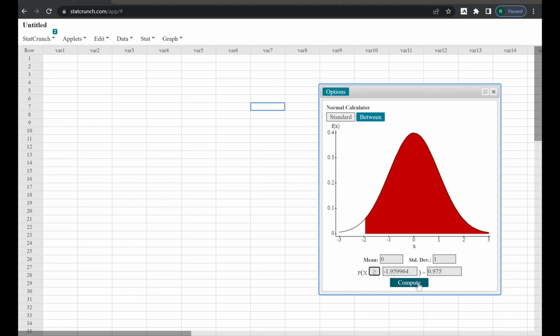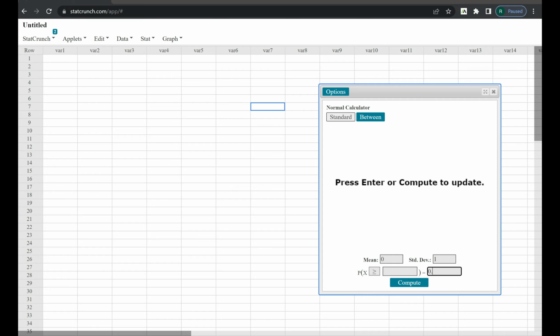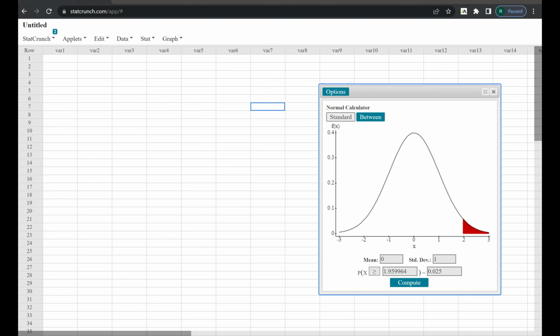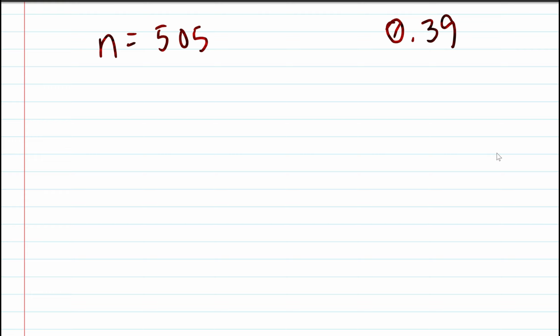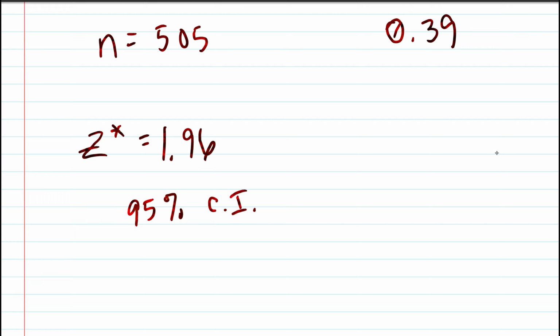If you do it the other way, with 0.025, you get the same thing, 1.96. So using StatCrunch or some other technology that you're comfortable with, we found the Z asterisk, the critical value, to be 1.96 for a 95% confidence interval.